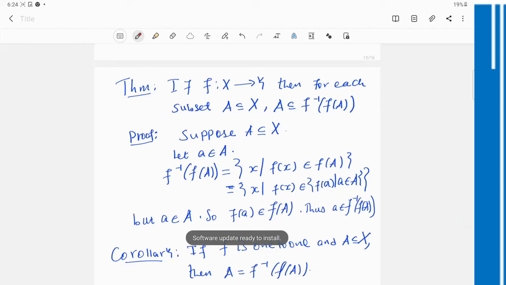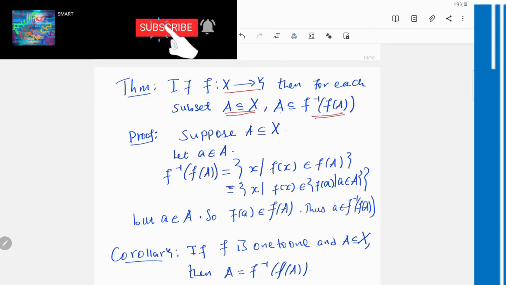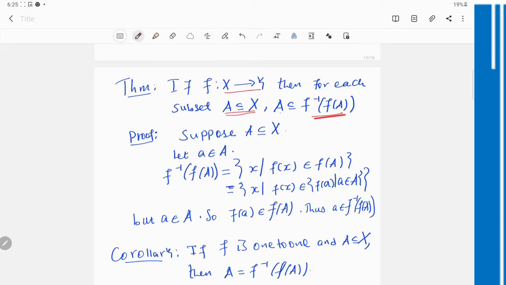So the next is, if f is given like this and you take a subset A of X, then for each subset A in X, A is also contained in f inverse composed with f of A. It's always true.